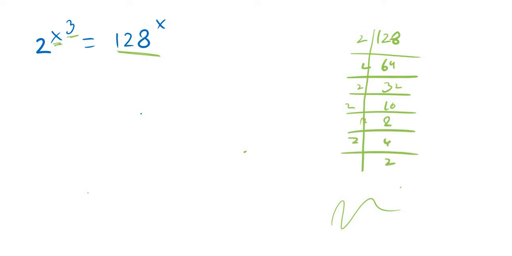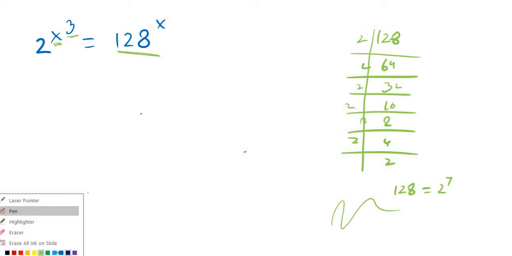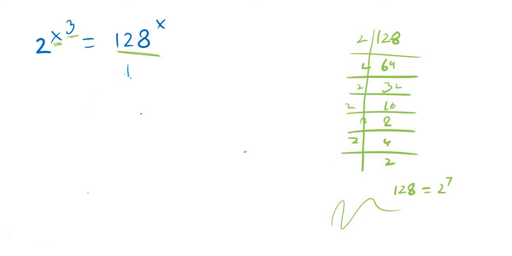And this means that 128 can be rewritten as 2 raised to power 7 if you count 1, 2, 3, 4, 5, 6, and 7. So if it is 2 raised to power 7, then I can replace this 128 with 2 raised to power 7, and then the same for the other terms.